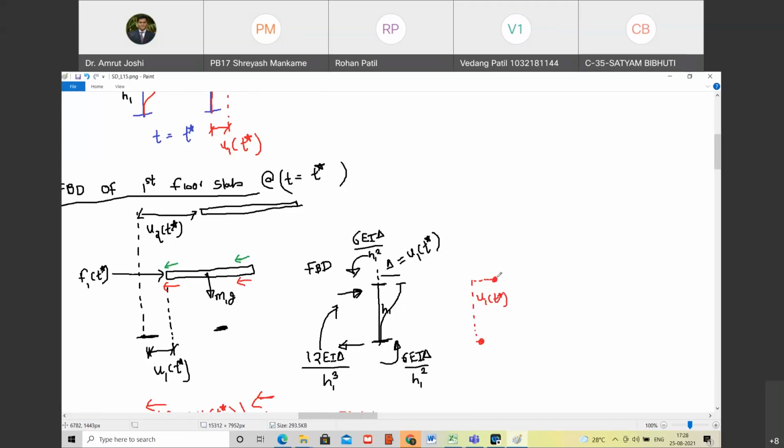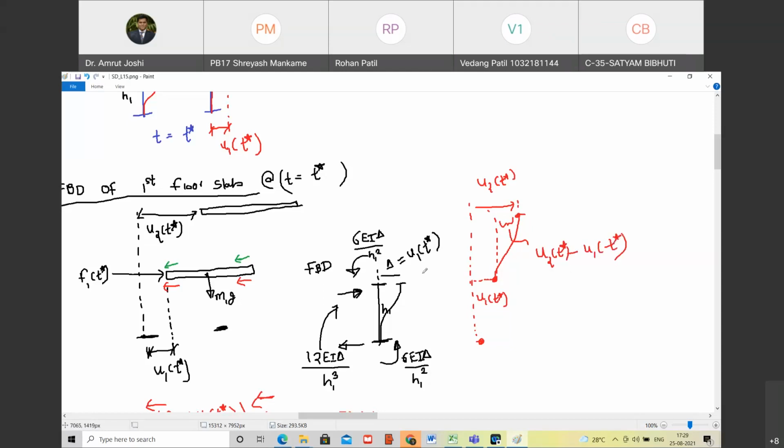And अब जरा देखो ये कॉलम जो है सेकंड स्टोरी स्लैब, this has moved by this total amount U2 of T star. Do you agree with me? Yes, sir. But now I am interested only in this one. So how much is that? Can you tell me? U2 of T star minus U1 of T star. Happy?